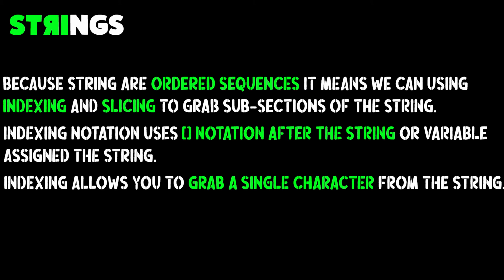So indexing allows you to grab a single character from the string as well as a part of the string. For grabbing a single character or a section of characters, we can use indexing. This uses the square brackets and an index number to indicate the position of what you wish to grab.